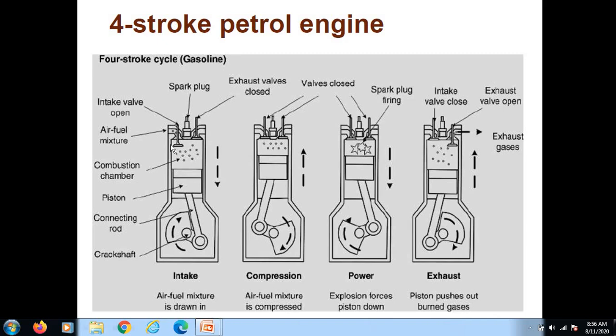Now this inlet valve is open, and this system is in line with the surrounding, where there is atmospheric pressure.